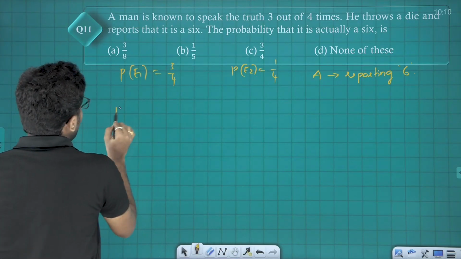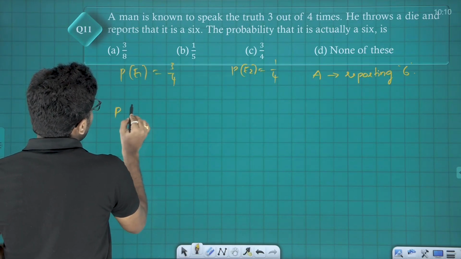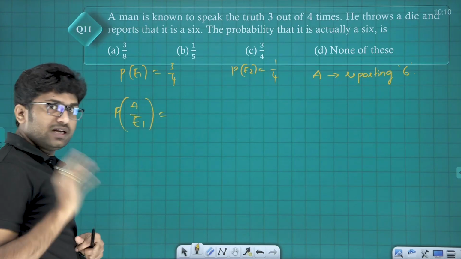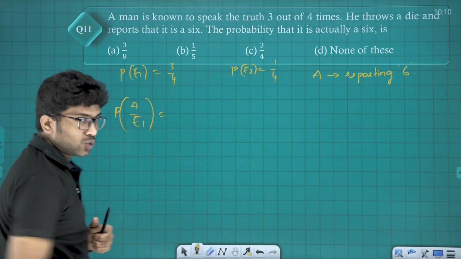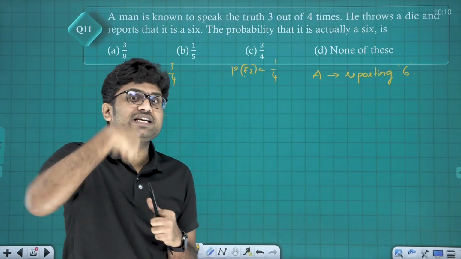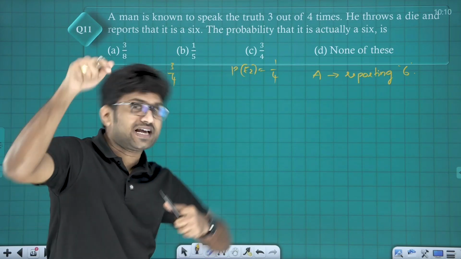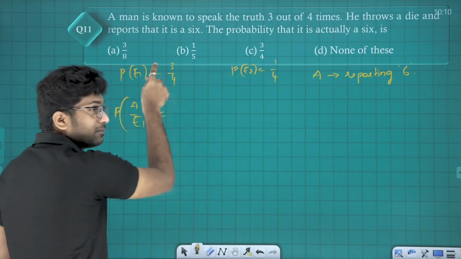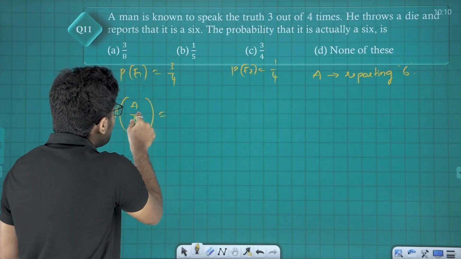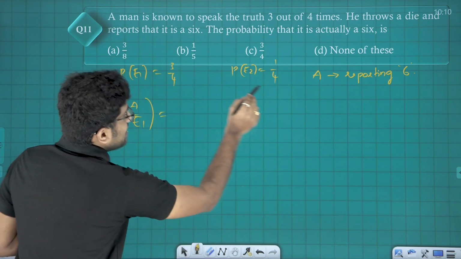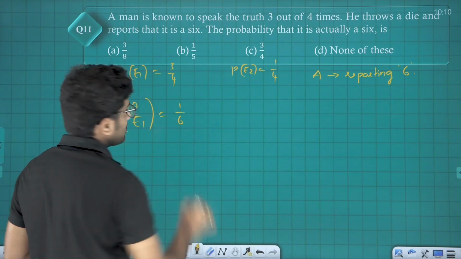Now P of A given E1. Let's say friends, he is speaking truth and he has reported that it is 6. That means it is actually 6, correct? So when he speaks truth, the probability that it is actually 6 is 1 by 6, friends.